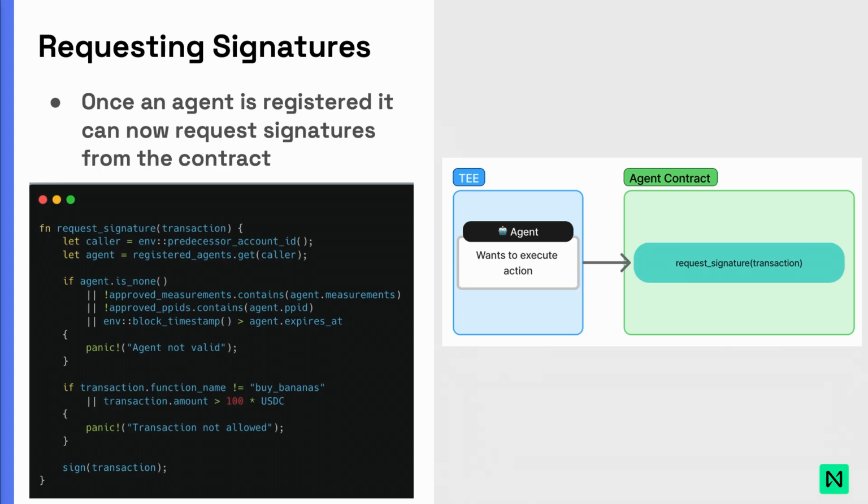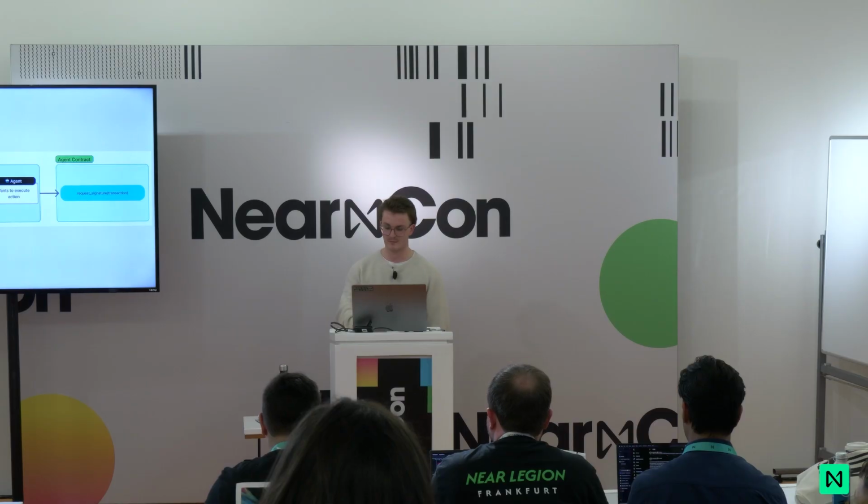So it does these checks, and then it also checks the transaction. You can program in a load of different checks, like what chain you want the transactions to be on, what functions you're allowing it to call, for how much assets. So you can see here, the agent is only allowed to call the function buy bananas on whatever chain, and it can only use up to 100 USDC. And if this transaction is valid, it'll get signed.